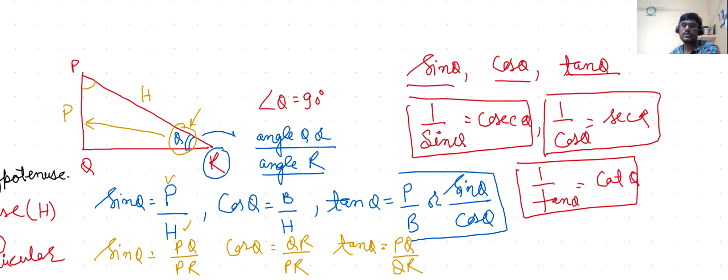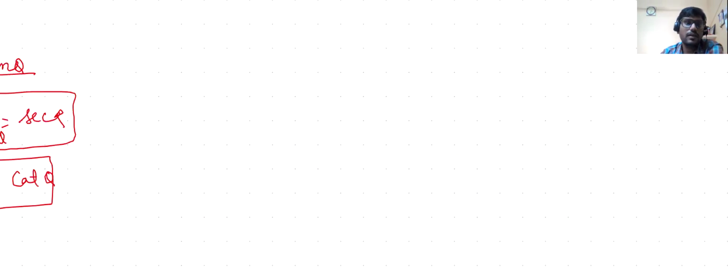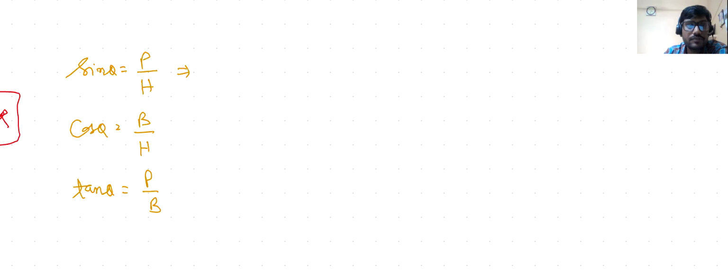Next, the other three can be understood like this. We know that sine theta is perpendicular upon hypotenuse, cos theta is base upon hypotenuse, and tan theta is perpendicular upon base. So what can you say about the inverse of these functions?